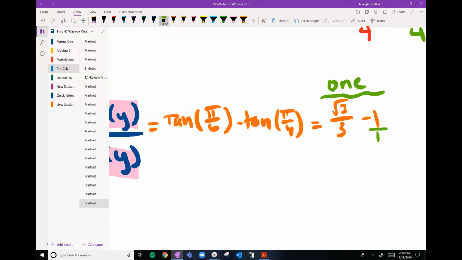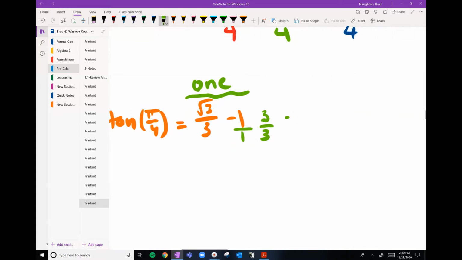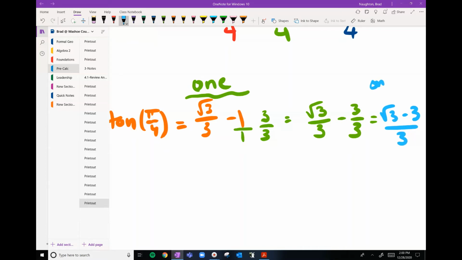I'm going to put that 1 over 1 and then multiply by a common denominator. So this is going to become root 3 over 3 minus 3 over 3, which is going to give us root 3 minus 3 over 3. So since that's one fraction, which is what we want, we're good with our top.